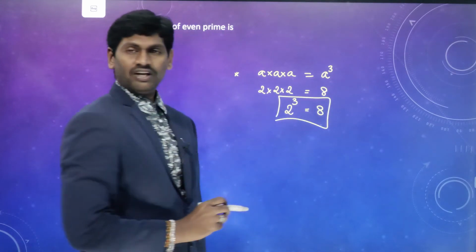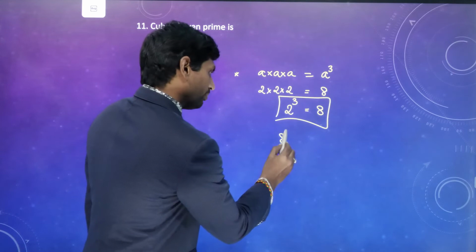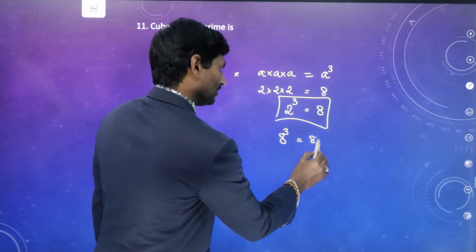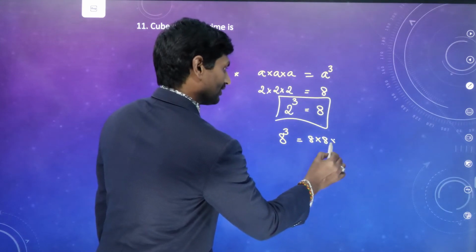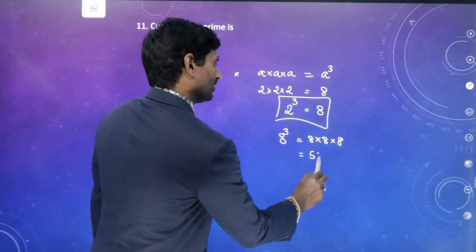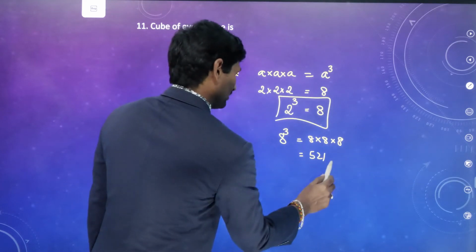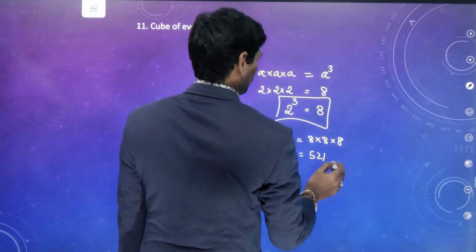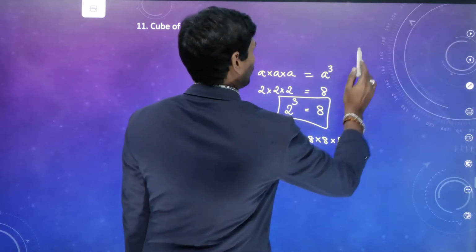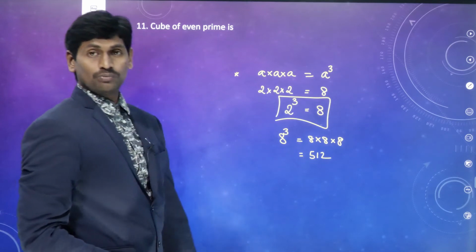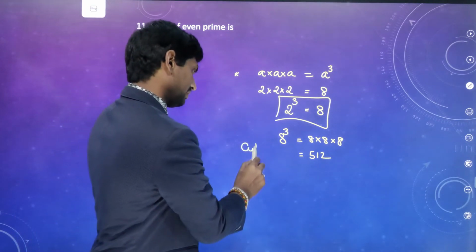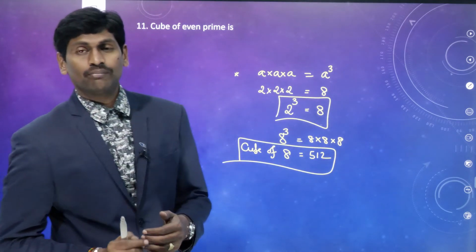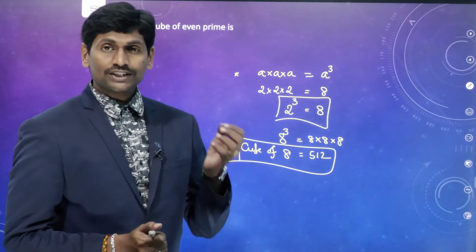Same with 8 cube: 8 into 8 into 8 is 512. So the cube of 8 is 512.